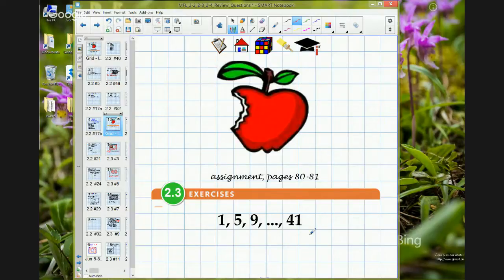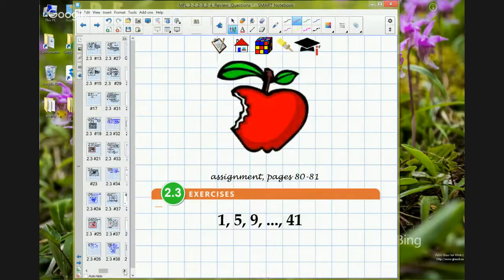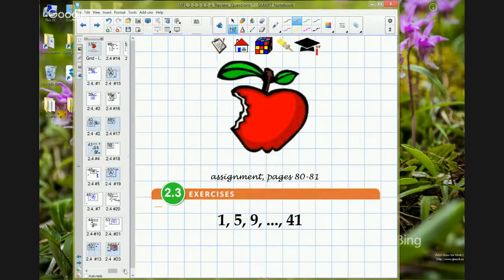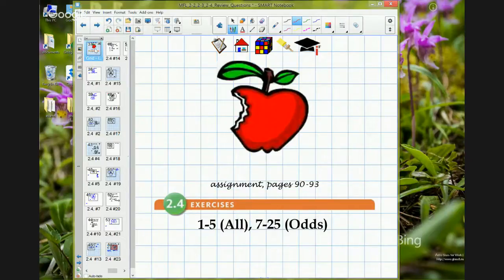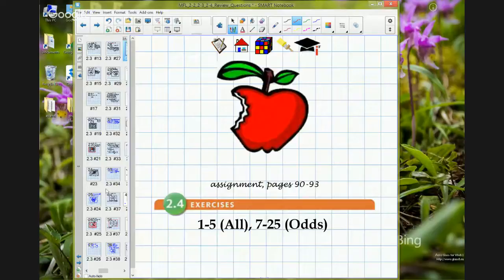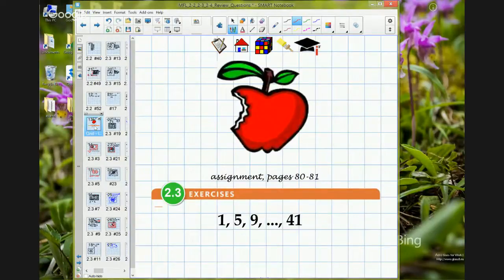I think you're thinking of 2.4. No, Robin's right. Oh wait, never mind. You're right. Venn diagrams. Yeah, it was page 80, 81, 1 through 41, odds, not 39. Okay, so I don't have it right on there. Fine. We're good. Not 39. I'll write it on here.